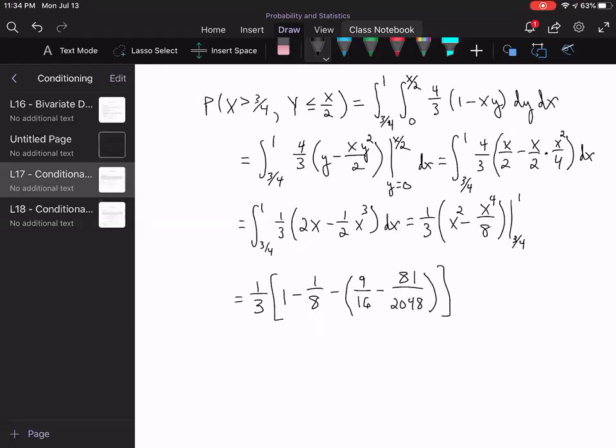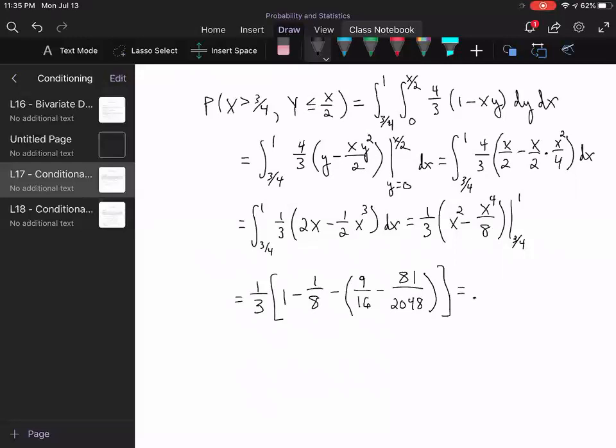Yeah, I think I've got everything in there. And what does that give us? So 1 minus 1/8 minus 9/16 plus 81 over 2048, times 1/3.